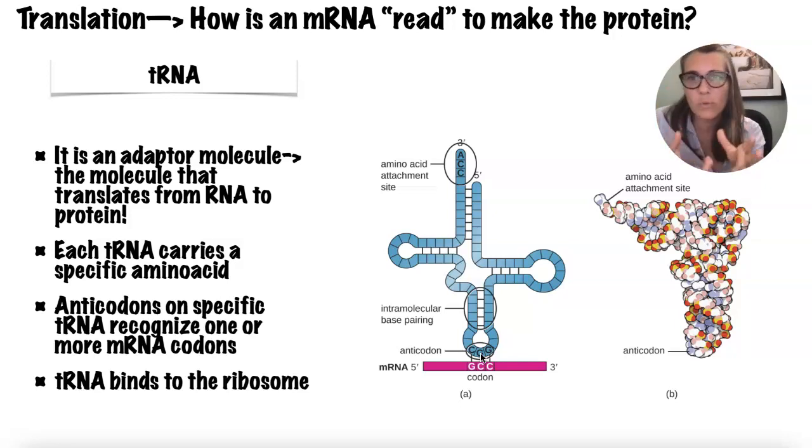So it's a genius way that nature found to make sure you can still go from 5' to 3' end, moving in the right direction, connecting by using an adapter molecule that can come with the right amino acid and connect with that codon here. Okay. Perfect. And yes, the tRNA is binding with the ribosome, and we'll see that in a second.